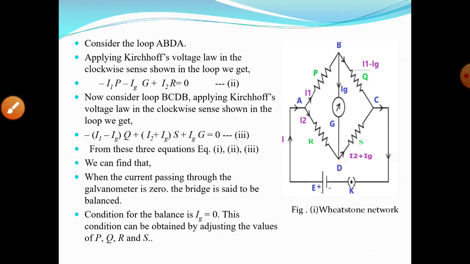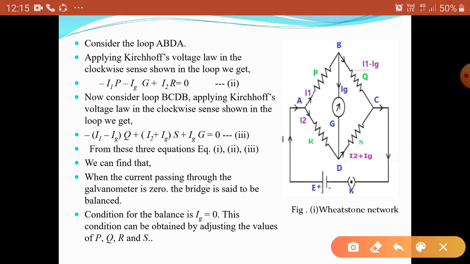From these three equations, first, second and third, we can find that when the current passing through the galvanometer is 0, the bridge is said to be balanced. And the condition for the balance is Ig is equal to 0. This condition can be obtained by adjusting the values of P, Q, R, S.